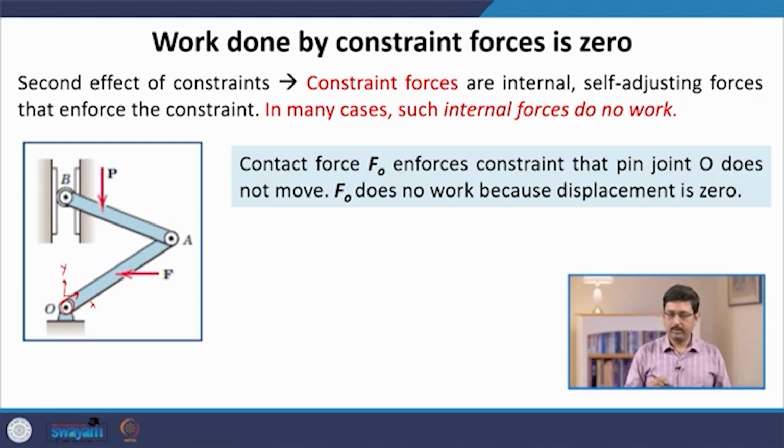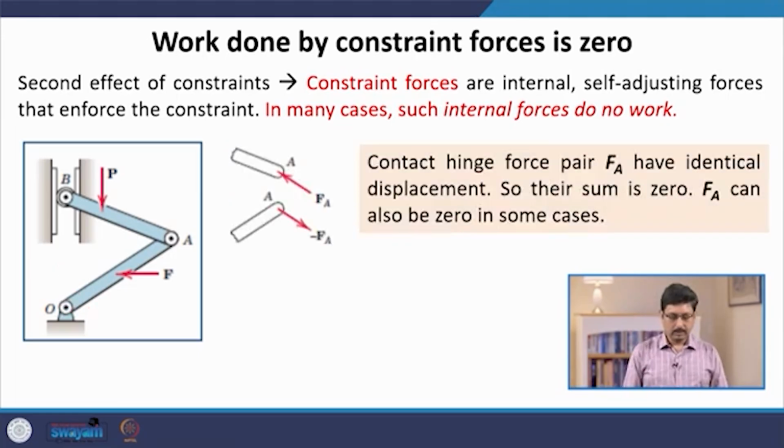However, this constraint force ensures that the spin joint O does not move. Again, whatever contact interaction between our system and this spin joint at point O does no work because the displacement is 0.